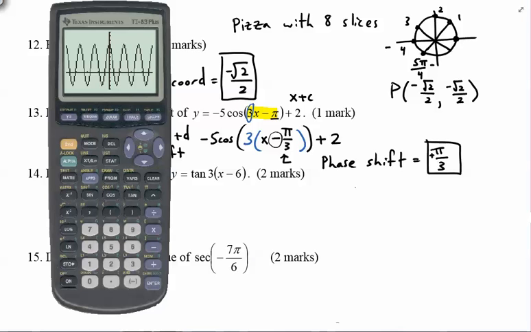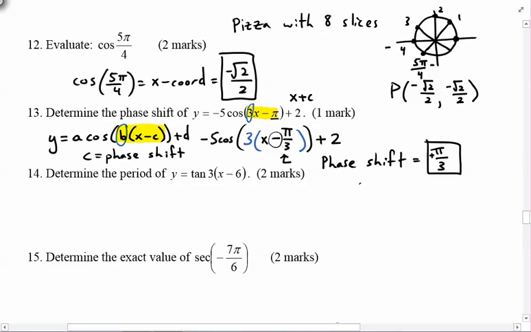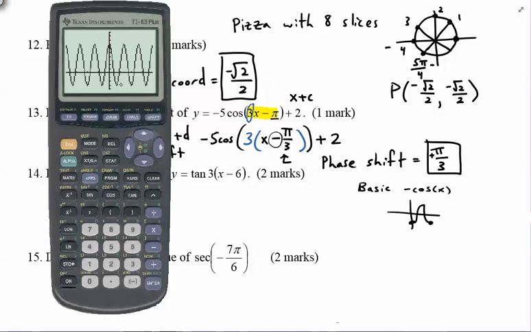Okay, so phase shift is how much the graph moved, left or right. So I know that in this case my basic graph is negative cos, which starts on the bottom and ends on the bottom. But the lowest point is not on the y-axis anymore. It's moved to the right a little bit. So the phase shift is how far the lowest point moved away from the y-axis.